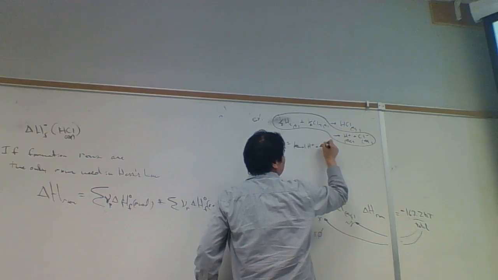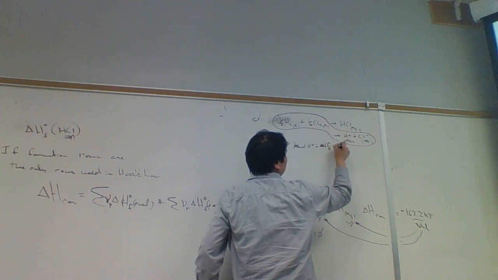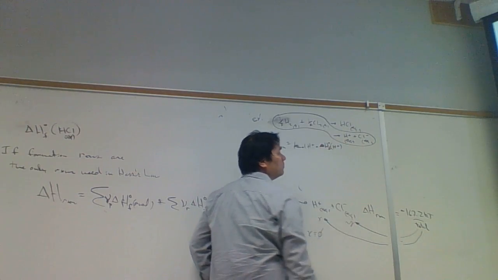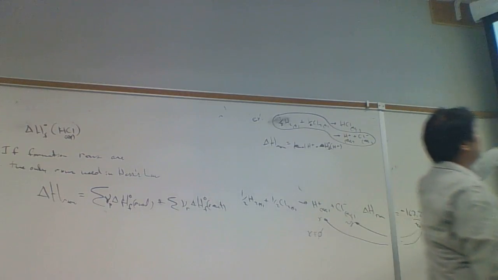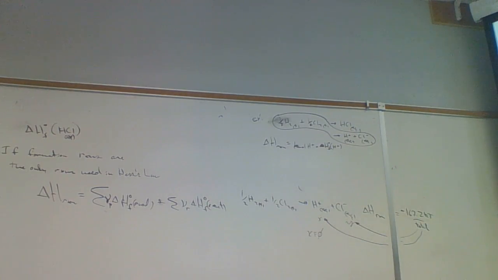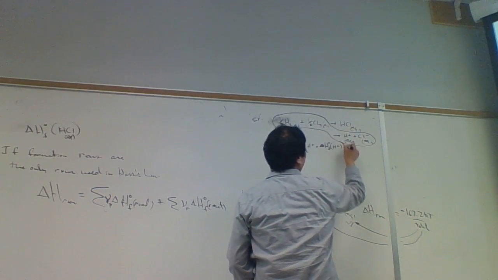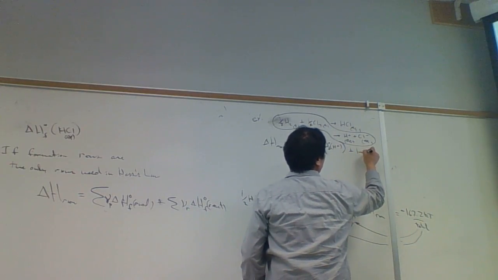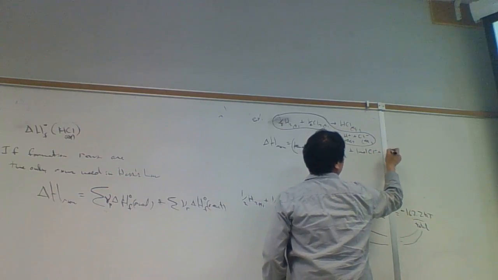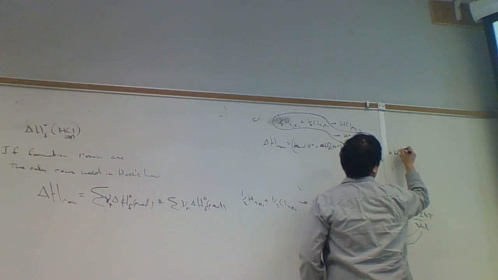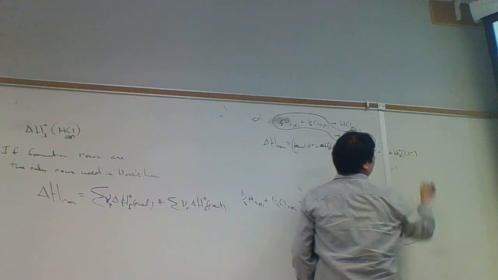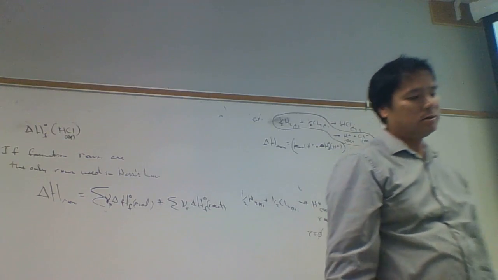What is delta H of formation of H plus? Look that up. Delta H of formation of H plus is 0. That's the first term, the product. Plus 1 mole of Cl minus times the delta H of formation of Cl minus. Well, what's the delta H of formation of Cl minus?